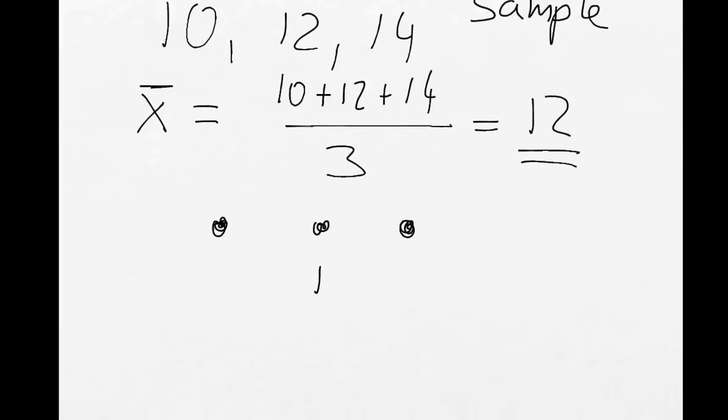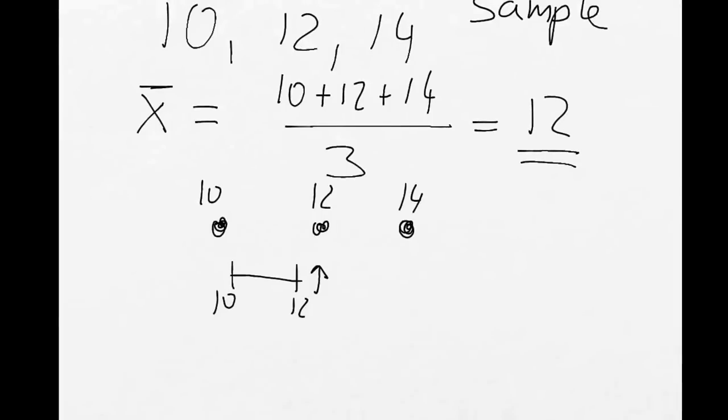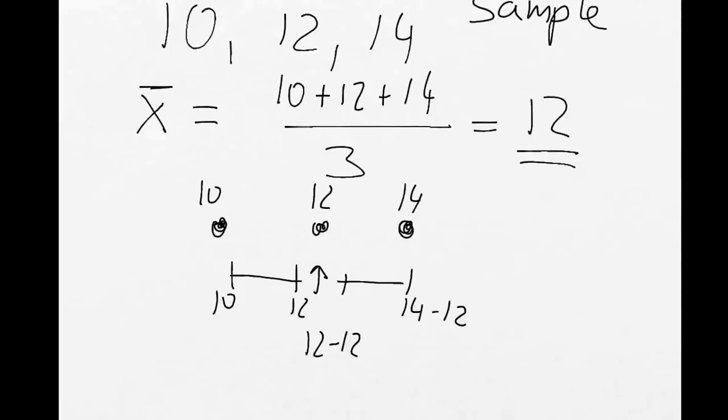So the mean would be here. And for the first one, the difference would be 10 minus 12. For the next one, it would be 12 minus 12. And for the third one, it would be 14 minus 12. Yeah? So this measures how far they are all away from the mean.